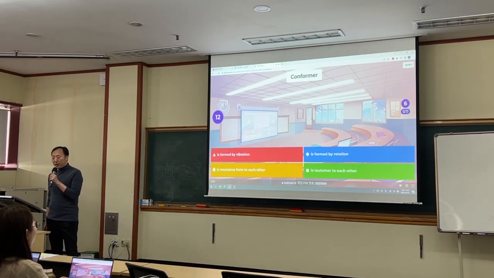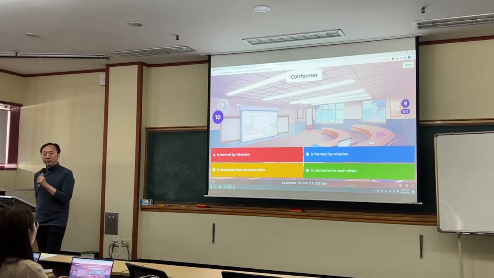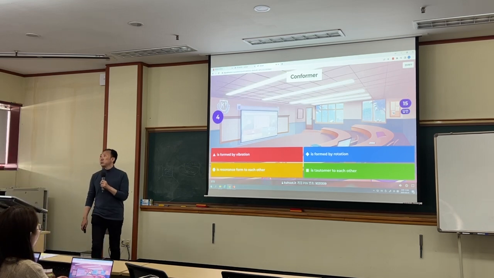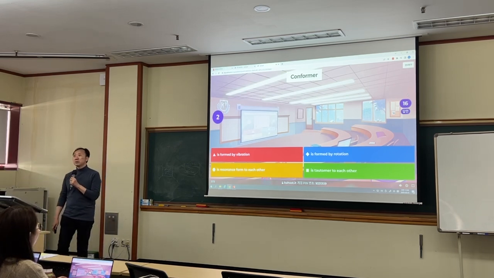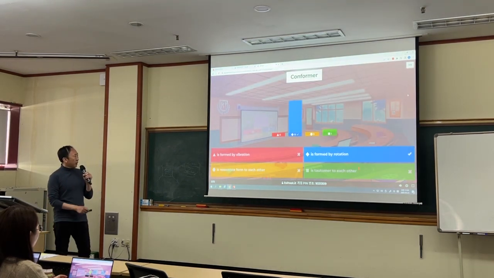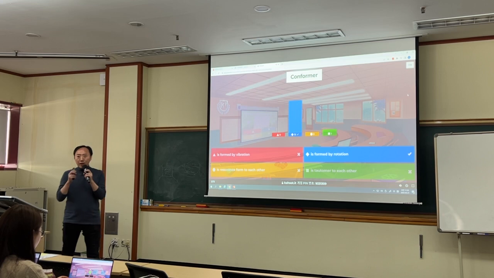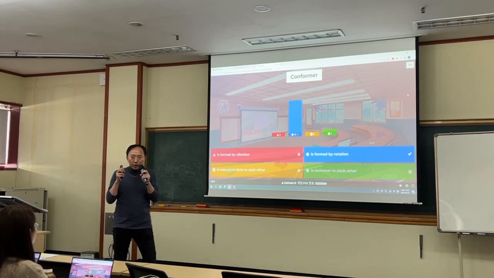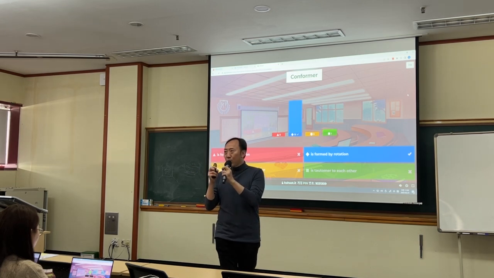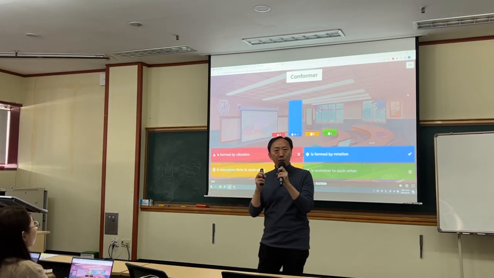Conformer is a conformational isomer. Conformer is generated by rotation, right? Vibration is too short, so it's just vibrating like this, and we cannot distinguish those vibrating isomers.